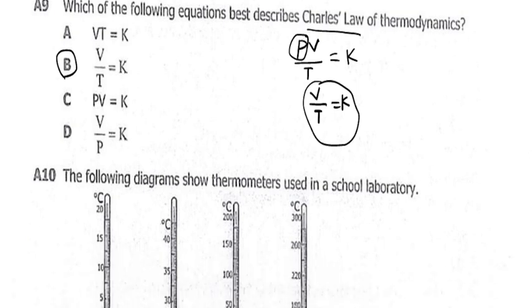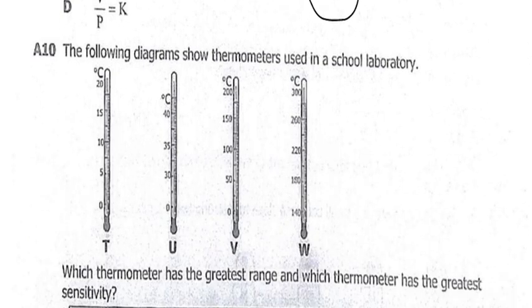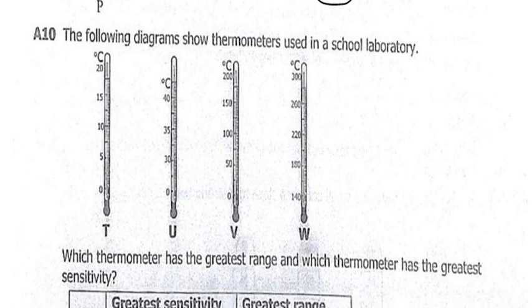We proceed to question 10. The following diagrams show thermometers used in a school laboratory. Which thermometer has the greatest range and which thermometer has the greatest sensitivity? Range is defined as the difference between the highest value and the lowest value. For instance, here the range is 20, in here the range is 40, in here the range is 200.